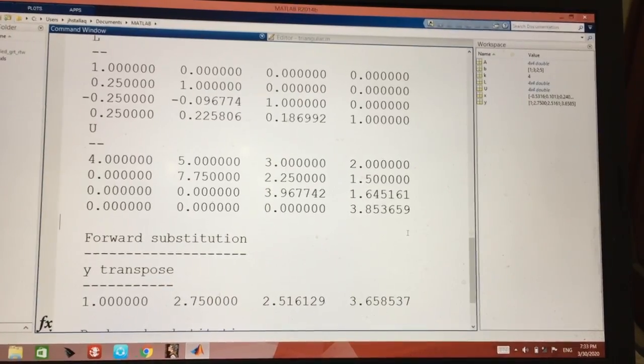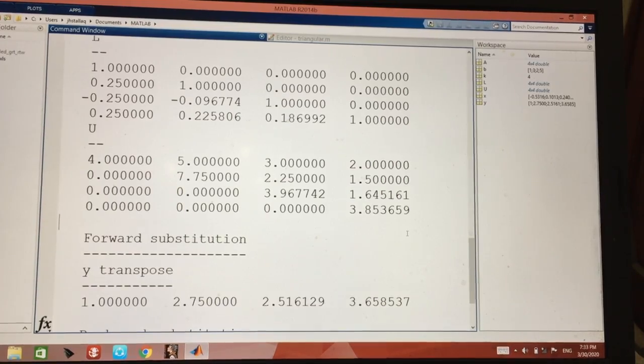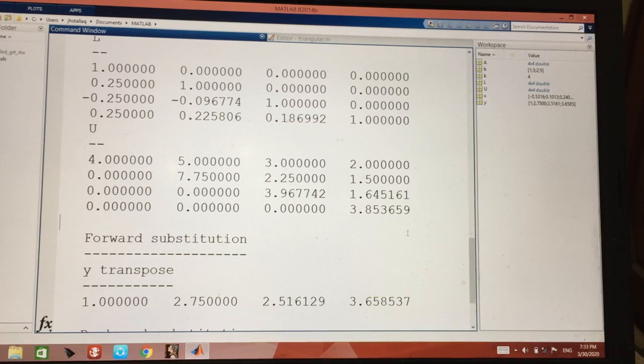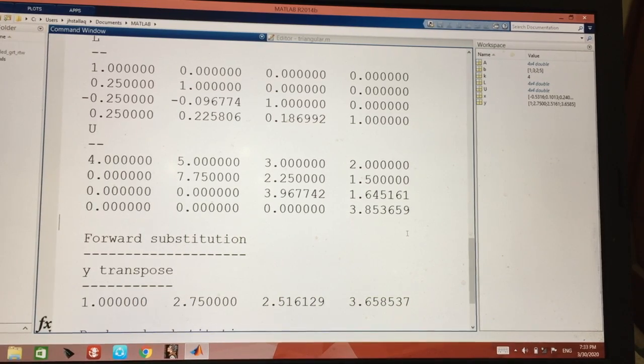Now what we want to do: we say that Ax = b, find x. So what we do is say L times U times x equal b. Now let's assume Ux is equal to y.